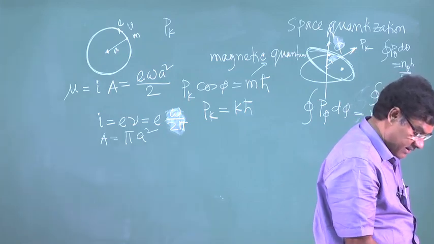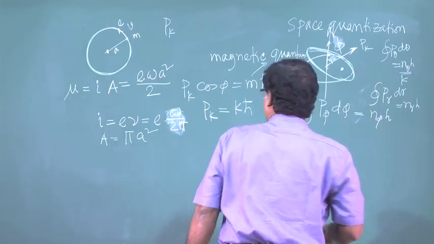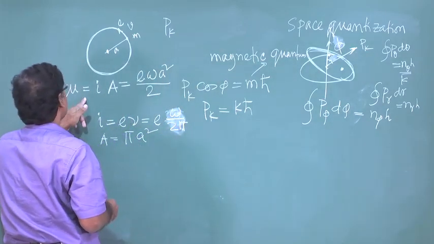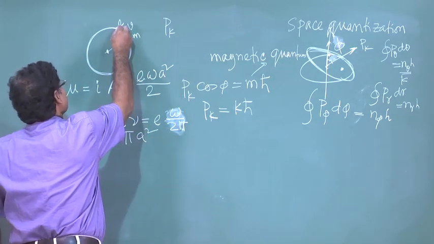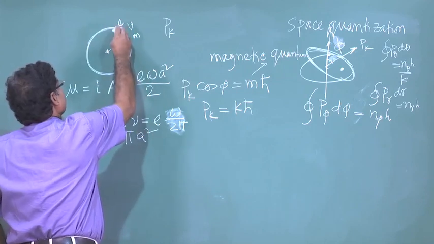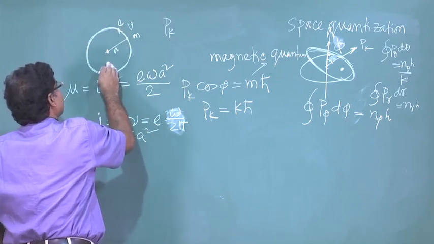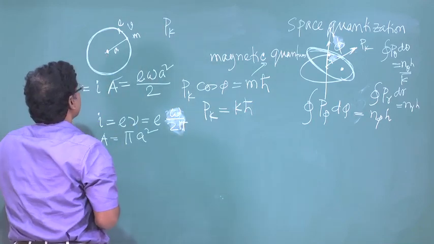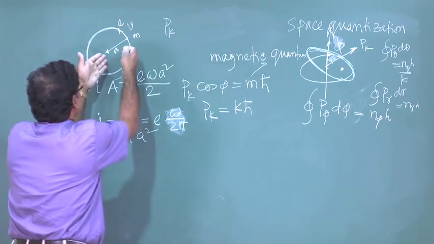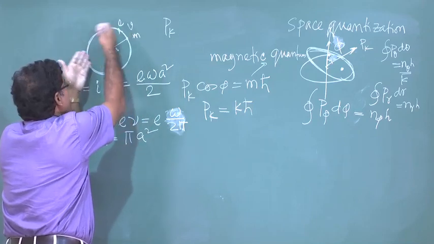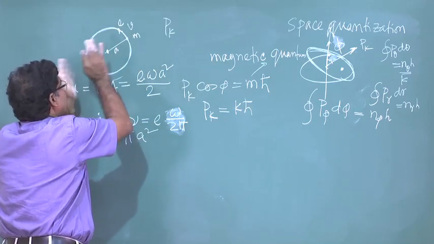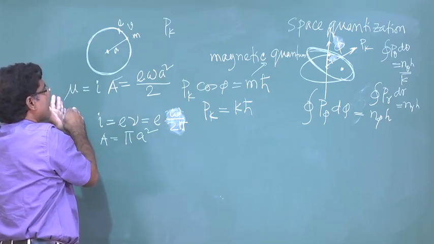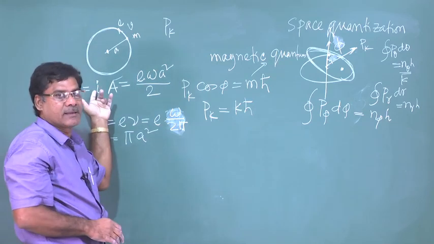So, before that, what we are getting here is that this electron is rotating in an orbit. So, it has angular momentum pk, and since it has angular momentum, it is in motion in orbit. So, corresponding magnetic moment we are getting.